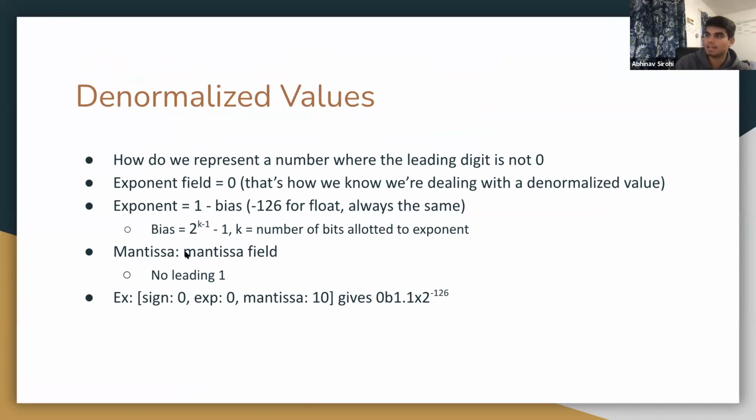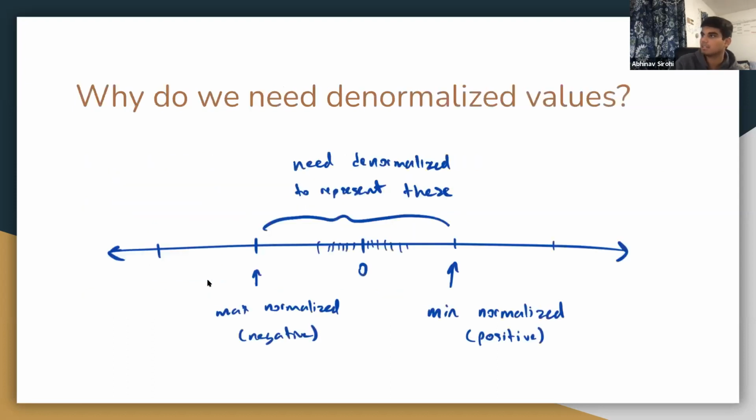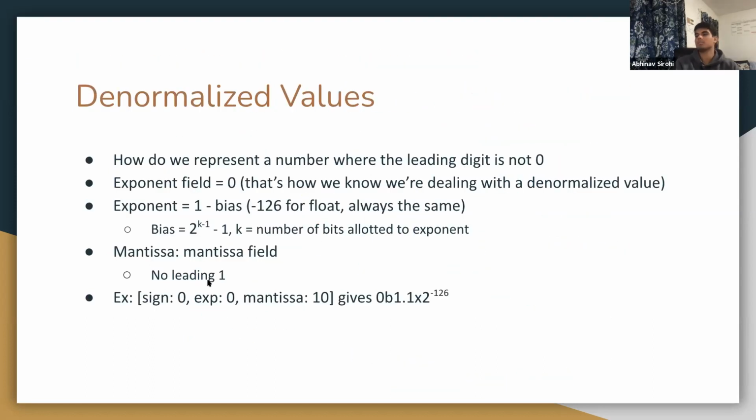And then we have the mantissa, which is just the mantissa field, and we have to remember that there's no leading one. So if we have something like this, sign 0, exponent 0, and mantissa 1, 0, this is what it comes out to be.